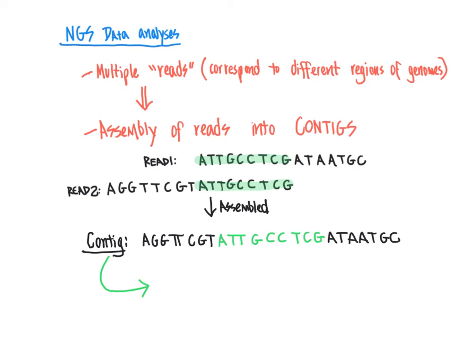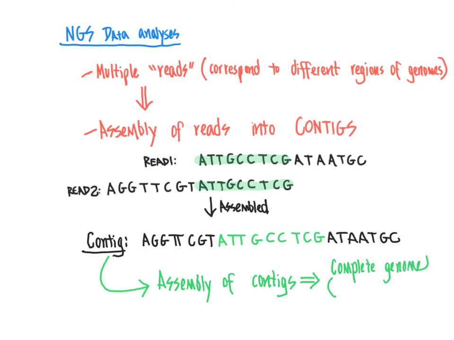So after the assembly of the contigs, once we put together all of the contigs that we can into a scaffold that contains all of the DNA sequencing information that we've generated from these next generation sequencing experiments, what is generated from that is the genome. And the genome can be either the complete genome, where the complete genome has one contig in total after we've assembled everything, representing the entire sequence of the chromosomes.